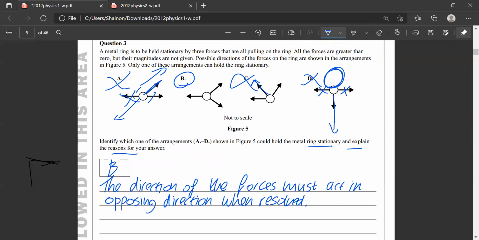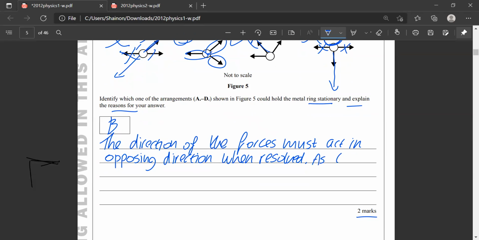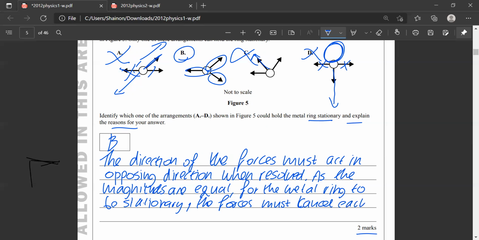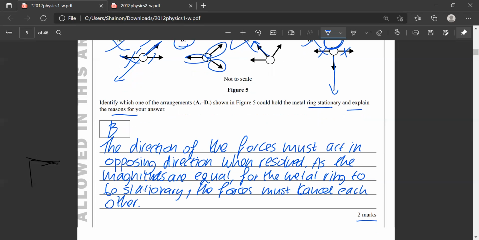I assume that the magnitudes were the same because the line length looks about the same, for the middle ring, and yep, that's that question.